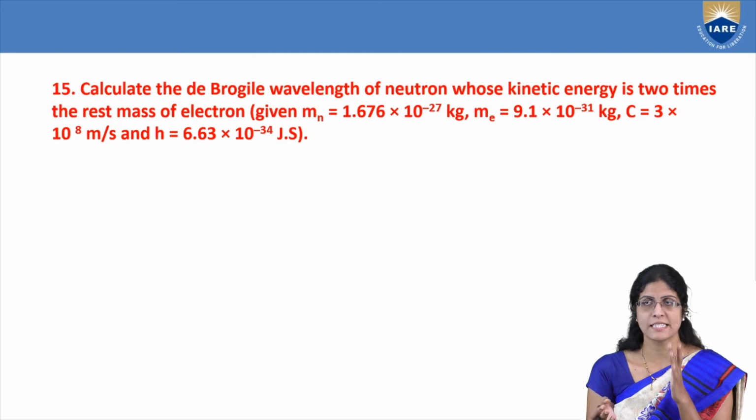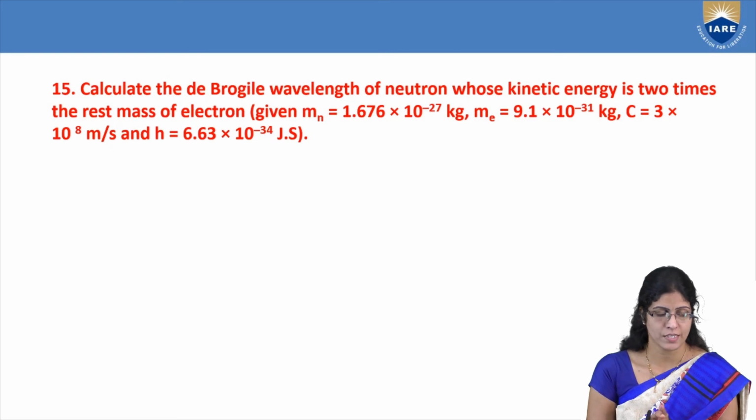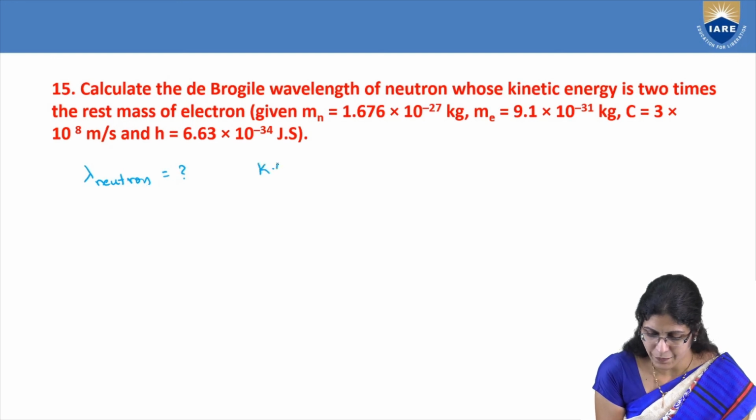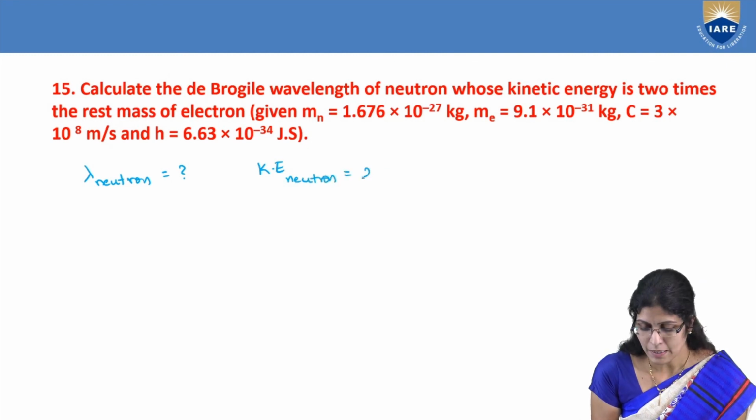The mass of the neutron is given, the mass of the electron is given, the velocity of light is given, and Planck's constant is given. So what is it that you have to find out? Lambda of the neutron, whose kinetic energy is 2 times the mass of the electron.